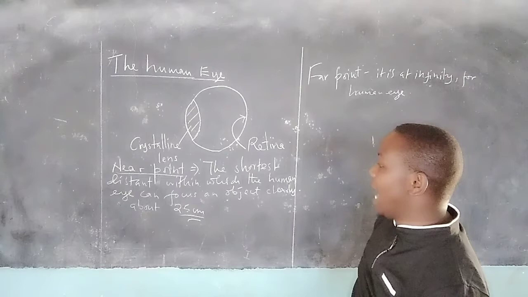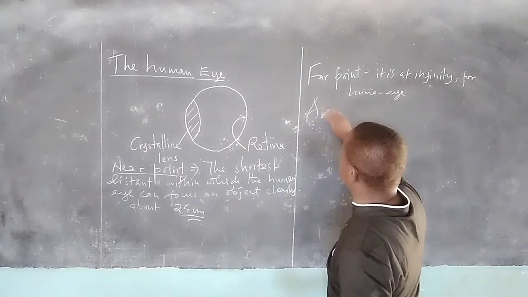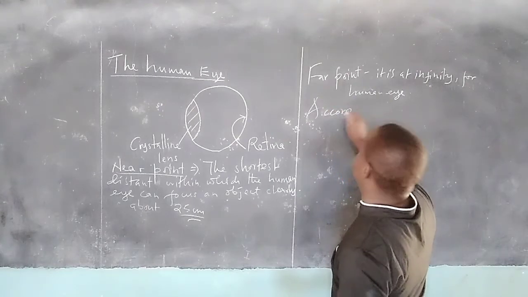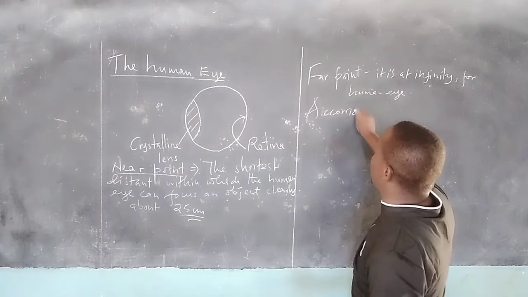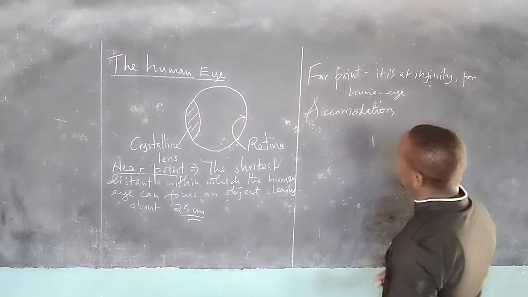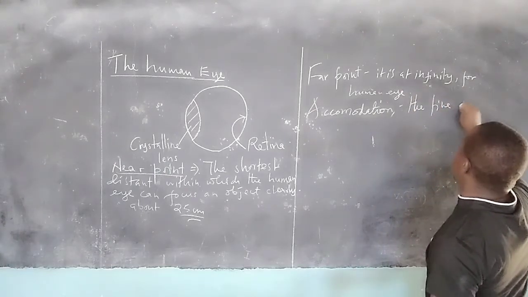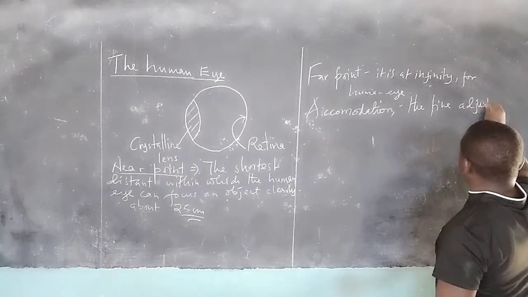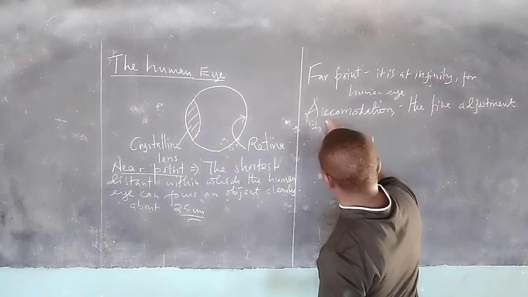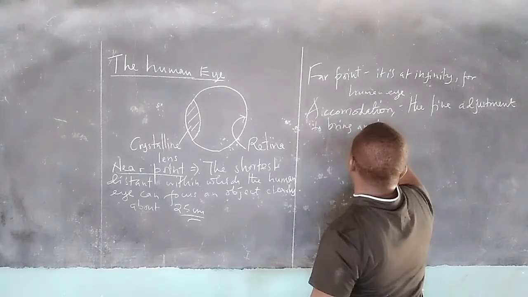So that said, I can also mention something called accommodation. Accommodation is the fine adjustment of the eye to bring an image into focus.